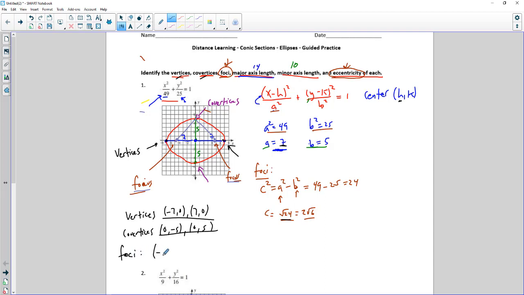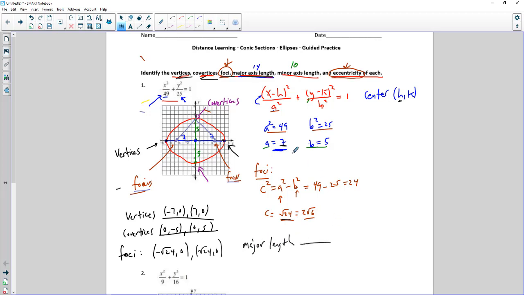So it's going to be negative root 24, I'll leave it, comma 0, and root 24, comma 0. Okie doke. All right, so we did that. Vertices, co-vertices, foci, length of the major axis. I'll just call it major and minor. Major length, we'll call it.